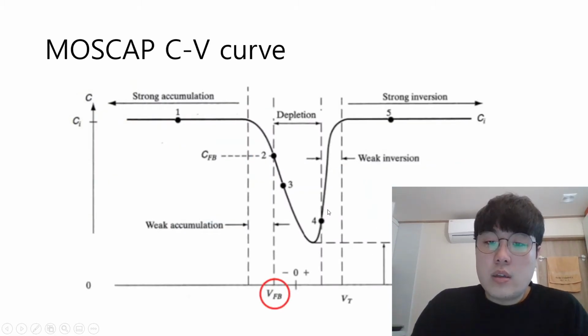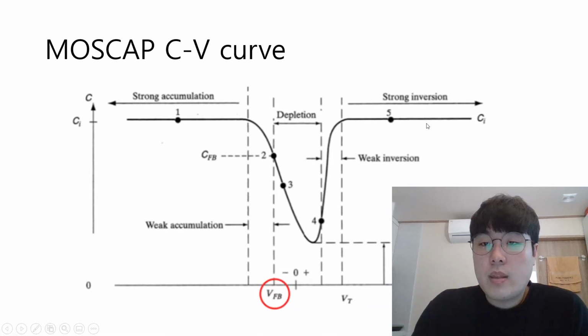And when we apply a strong positive voltage at the gate, there are two ways for the capacitor value: this is when we measure the capacitor value using low frequencies, and this is for high frequency. Why are there two ways for the capacitor value?